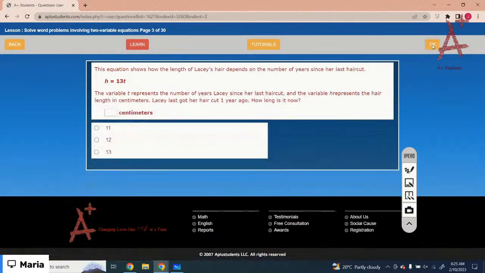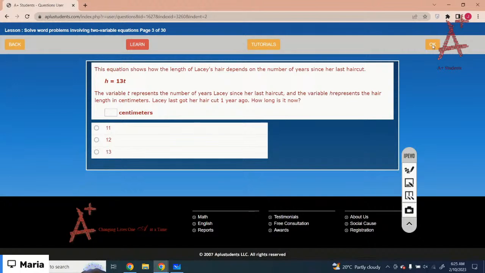Okay, the next one is this equation shows how the length of Leslie's hair depends on the number of years since her last haircut. H equals 13 times T. The variable T represents the number of years since her last haircut, and the variable H represents the hair length in centimeters. Leslie last got her hair cut 1 year ago. How long is her hair?